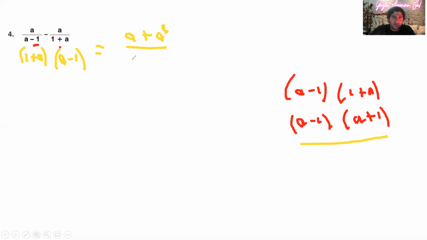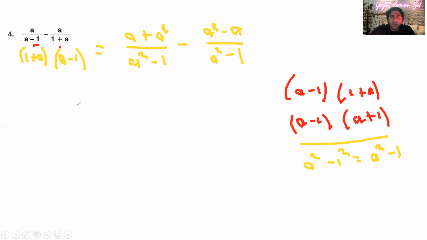So since it's a difference of 2 squares, this equals a squared minus 1 squared, and that equals a squared minus 1. So I'm just going to write that over a squared minus 1, minus, right, I come here, a times a will be a squared, a times negative 1 will be negative a, over, again, a squared minus 1.